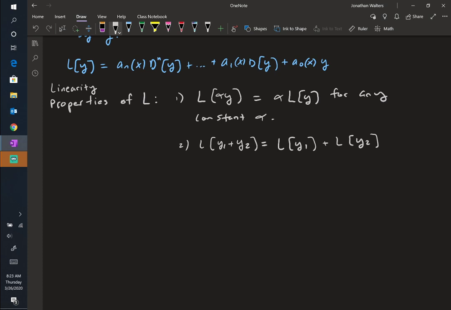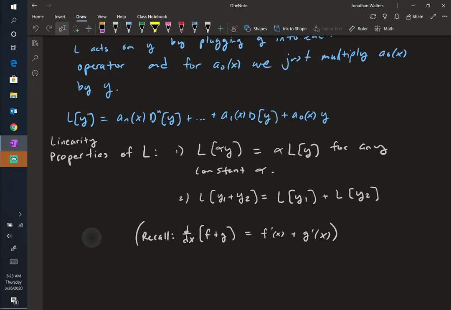Recall d by dx of f plus g is f prime of x plus g prime of x. It's kind of the same thing, just a more general thing we call a differential operator. All right, so that's differential operators.